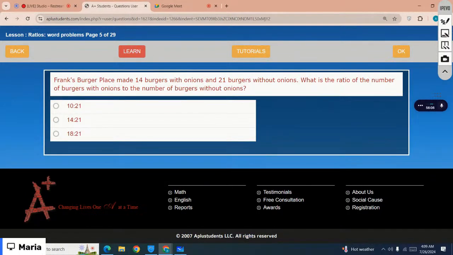Frank has 14 burgers with onions and 21 burgers without onions. What is the ratio of the number of burgers with onions to the number of burgers without onions?